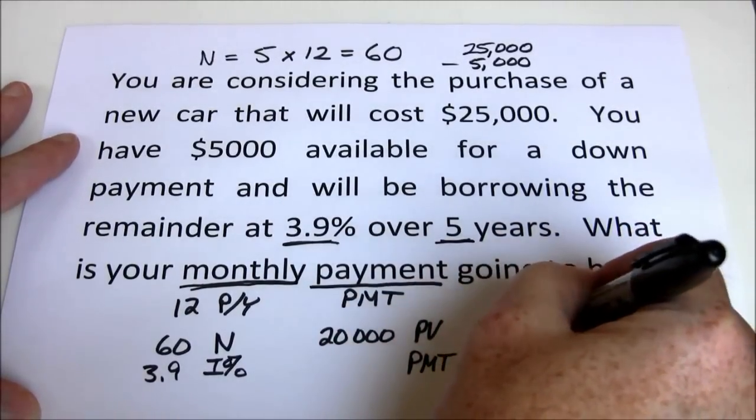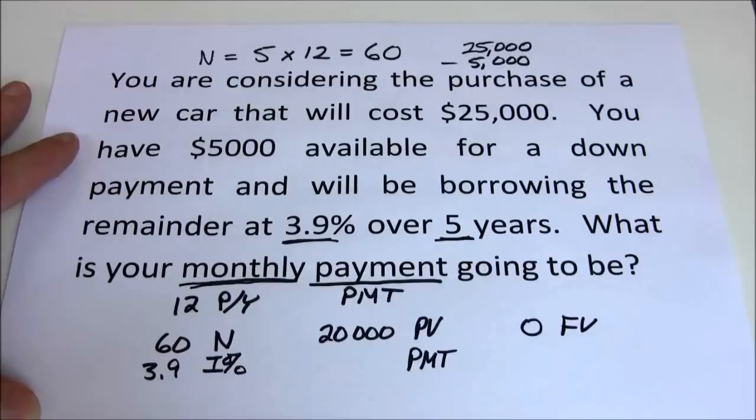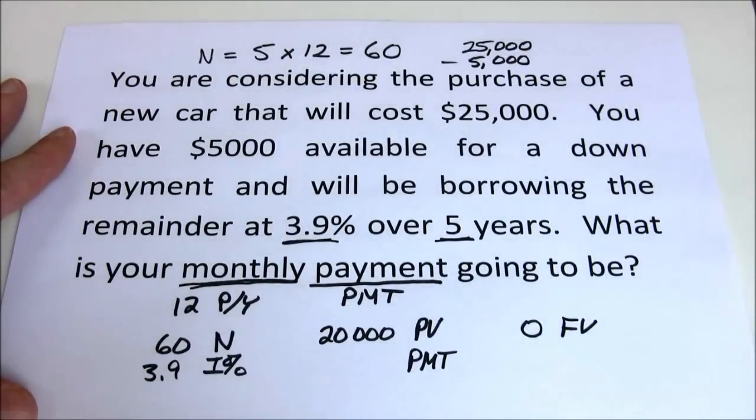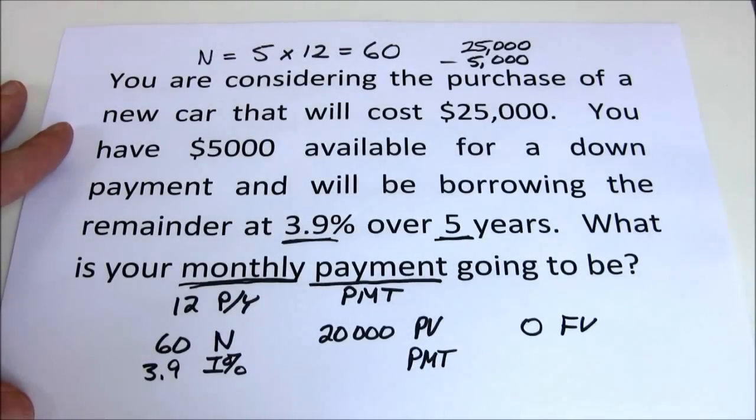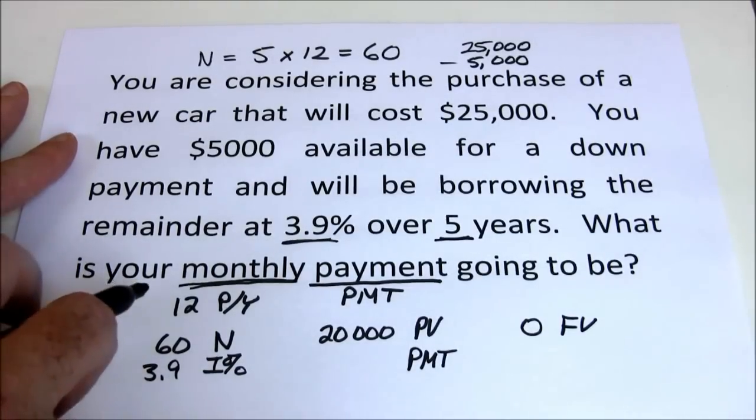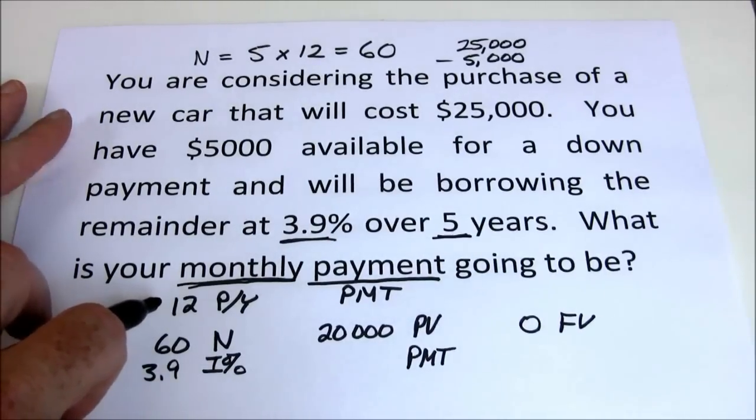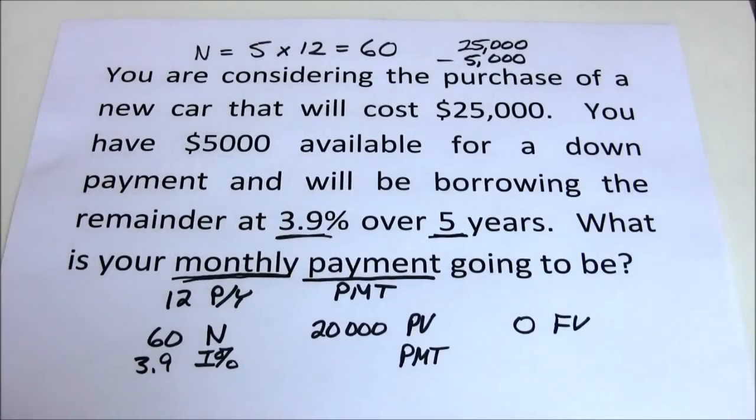And our future value is 0 because we have no future value. After we make our last monthly payment, the car's paid off. It's all ours. We don't have anything else to pay. And the other thing to remember is you need to set your periods per year to 12. So let's go ahead and get into our financial calculator.